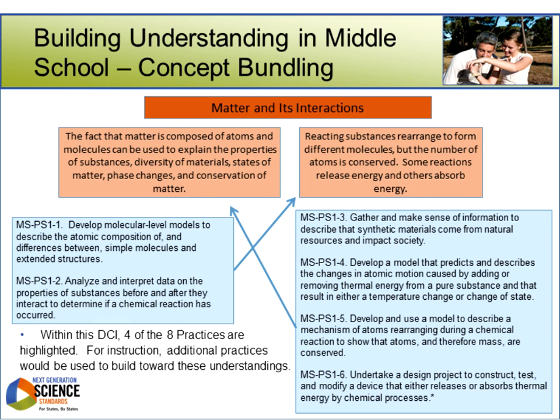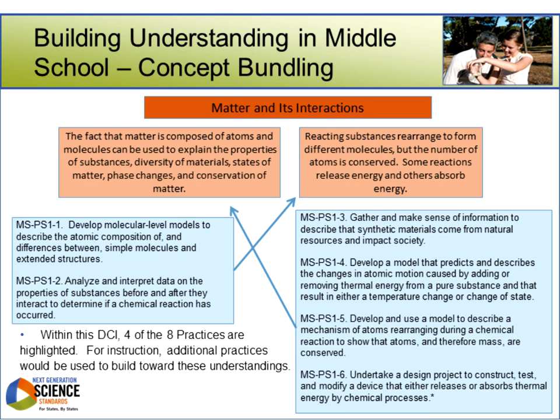And this is where the whole idea of coherence and bundling come in. So here we have middle school. This is from Structure and Properties of Matter, or Matter and its Interactions. And what you see in the peach box, the fact that matter is composed of atoms and molecules can be used to explain the properties of substances, that is actually from the progressions table.